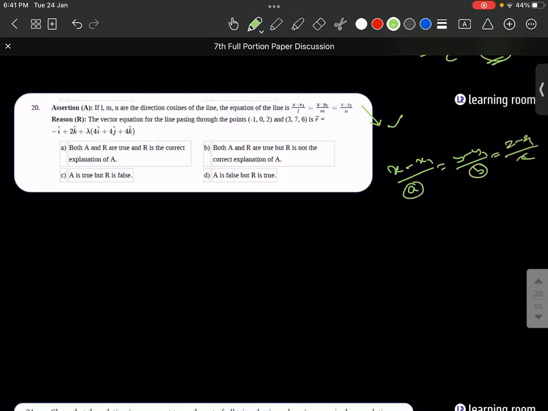But you can also write them in terms of direction cosines. That is right. The vector equation for the line passing through the points minus 1, 0, 2, 3, 7, 6 is: so what is r vector?